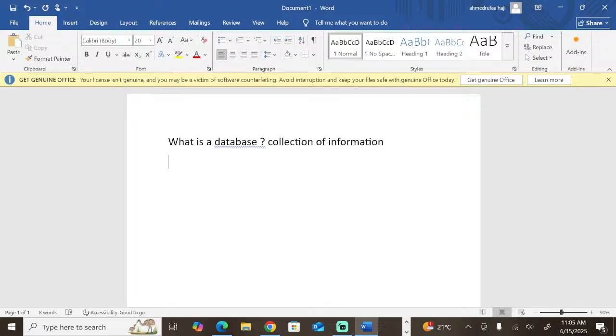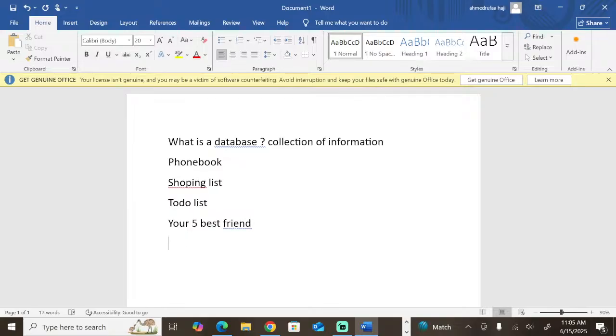For instance, we have a phone book. This is a database, right? Number two, we also have a shopping list. This is another database, all right? The other one, we also have a to-do list, all right? Your five best friends, right?